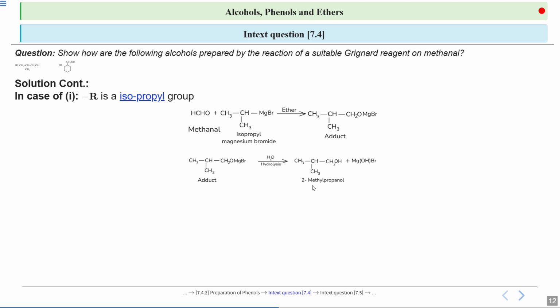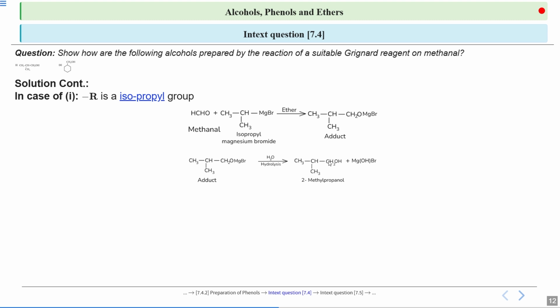This is again a case of a primary alcohol only, because the carbon to which your hydroxyl group is attached is further connected by one carbon only. See, this carbon is further attached to this carbon only. And the name is 2-methylpropanol. We select the longest carbon chain.